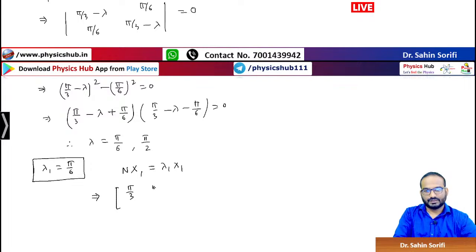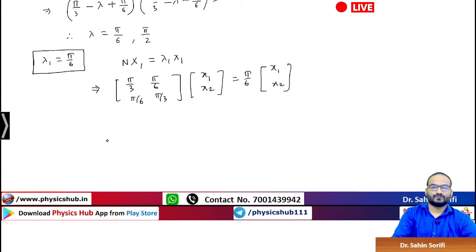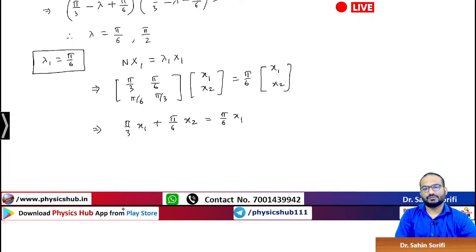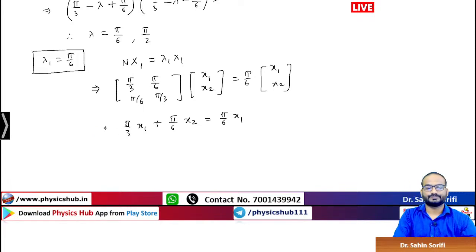Pi by 3, pi by 6, pi by 6, pi by 3, times x1, x2, equals pi by 6 times x1, x2. Don't be lazy in doing these calculations. You should be very much active. This one equation you will get considering the first row, and another considering the second row.